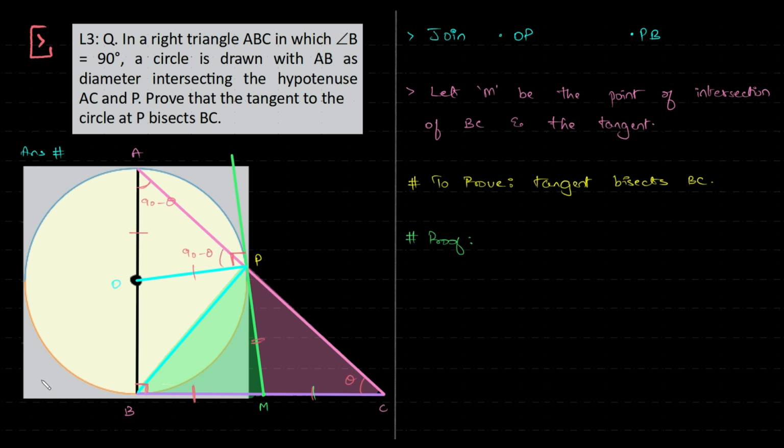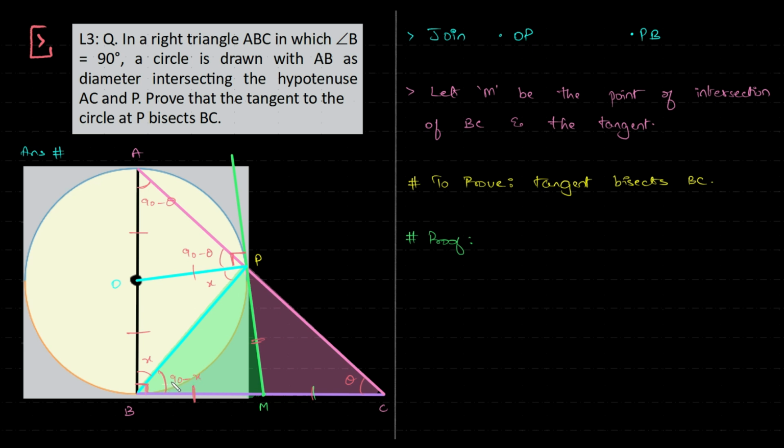Okay, then what to do? We have OB equal to OP. Of course, I can't take this as theta. I should take this as, say, x. So this also will be x, again because of radii, and this is an isosceles triangle. This particular angle will be 90 minus x.